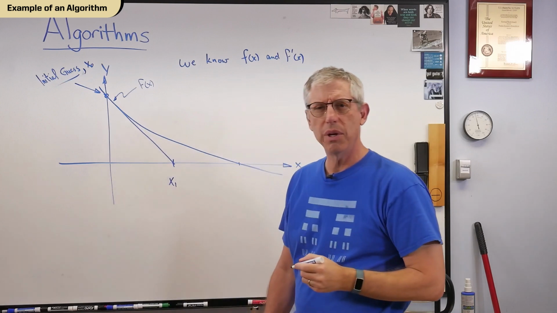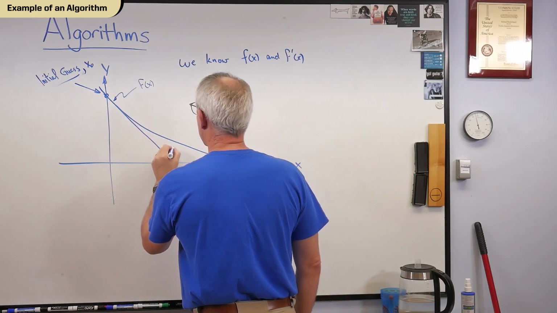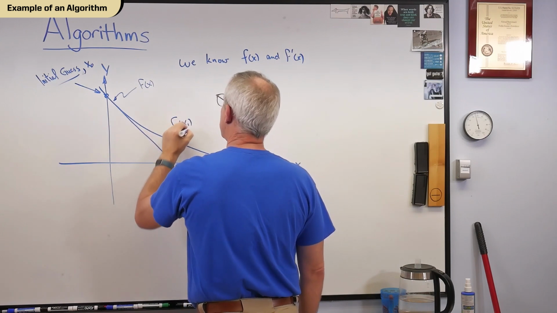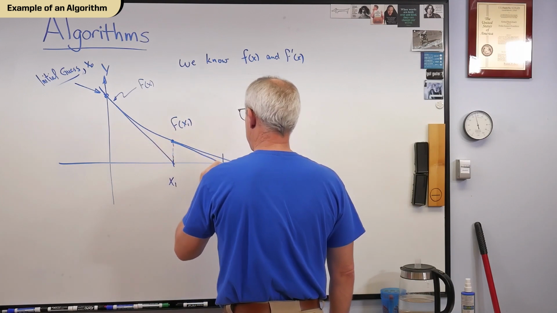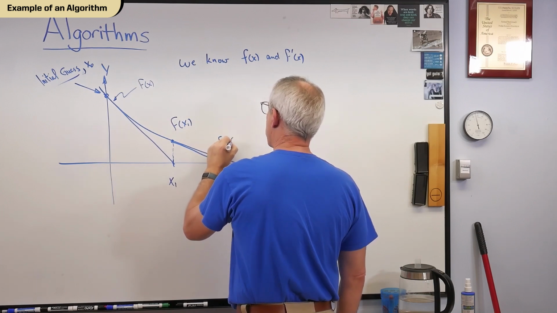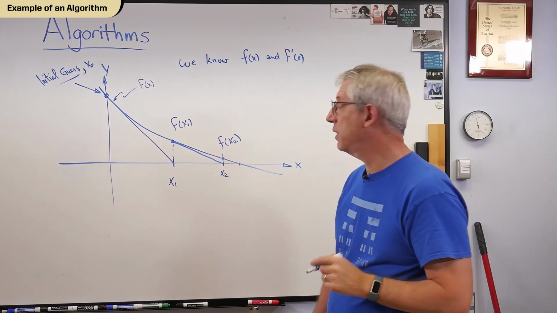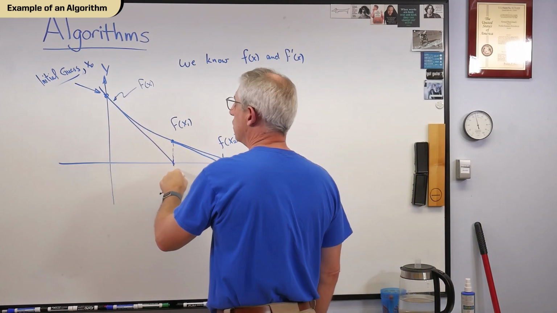Well, what do we do there? Same thing. We just calculate right there. That's f of x1. And we're just going to find the slope again and do that. And that will be x2, and f of x2. See where this is going? Make it a one-term Taylor series approximation.